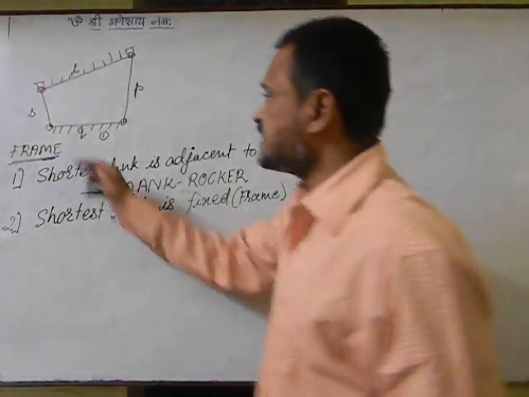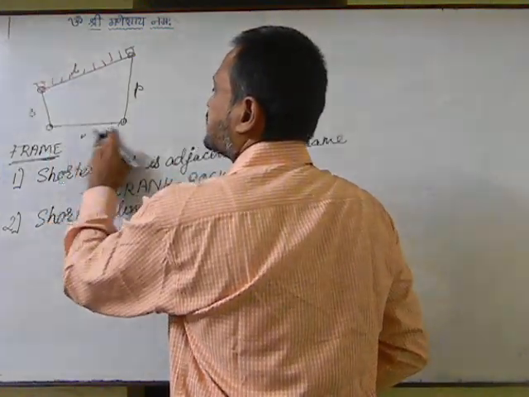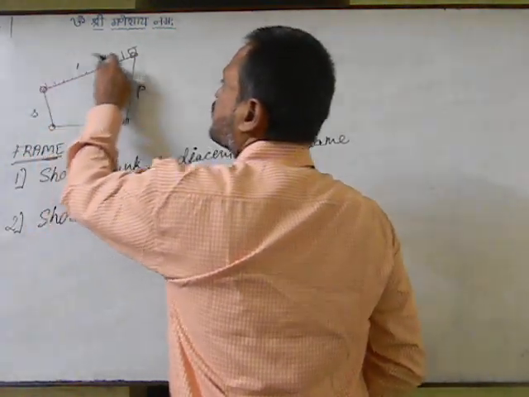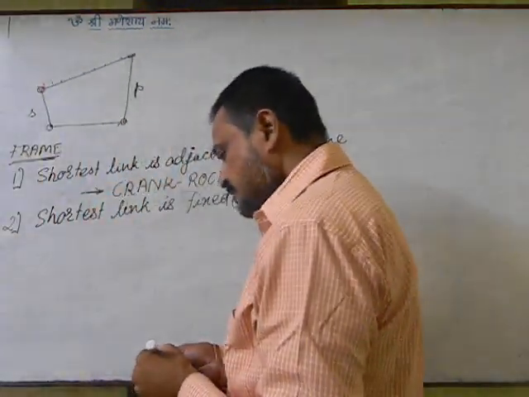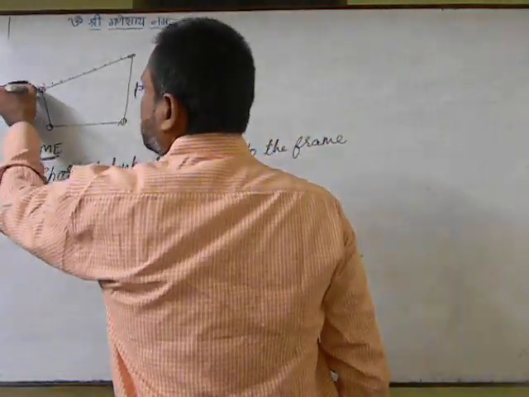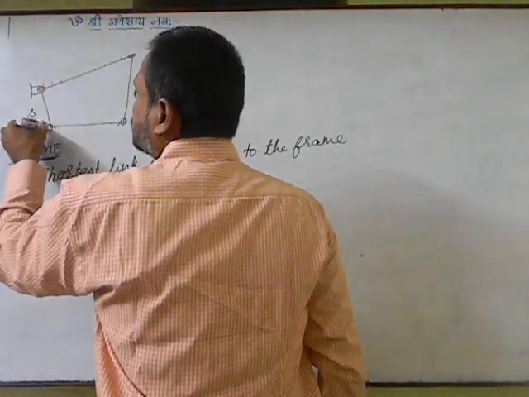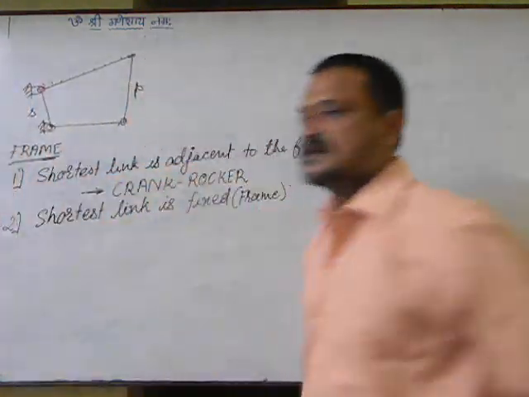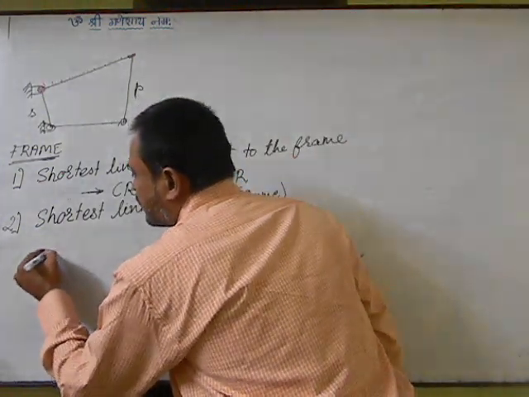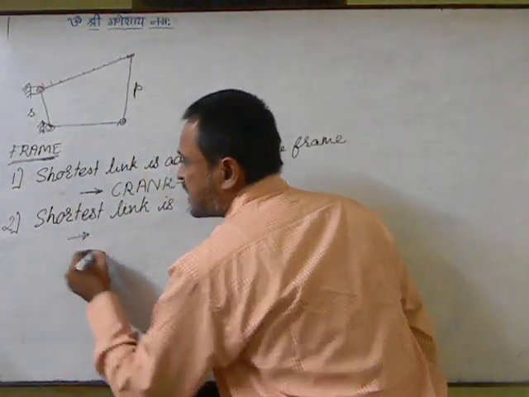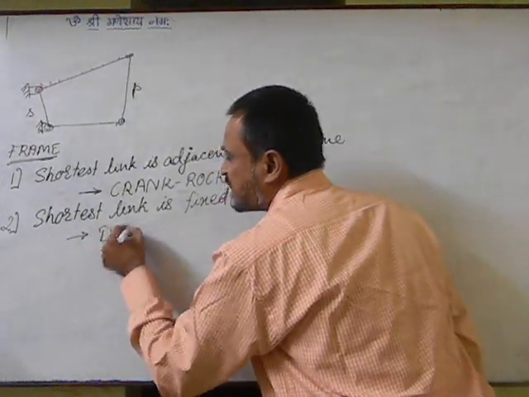In this second situation, we are not taking this as the frame. So what we are doing is fixing the shortest link. When we fix the shortest link, this will give me a mechanism called a drag link mechanism.